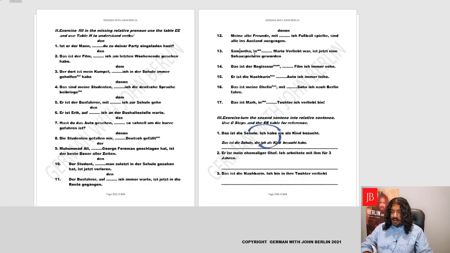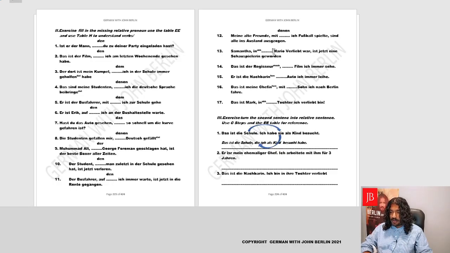Okay, Samantha, comma, okay, Samantha in Dash Mario verliebt war, ist jetzt eine Schauspielerin geworden. So it's like Samantha, with whom Mario has fallen in love, has now become an actress. I'll repeat. Samantha, with whom Mario has fallen in love, has now become an actress. Yes. So we need to just make this part a relative sentence.